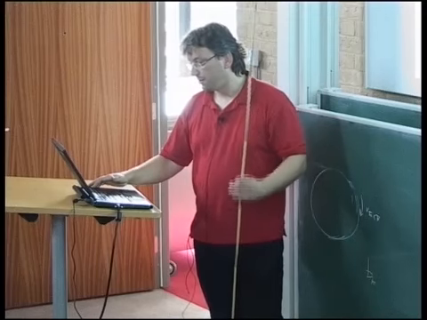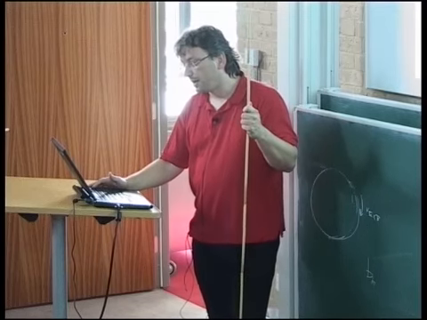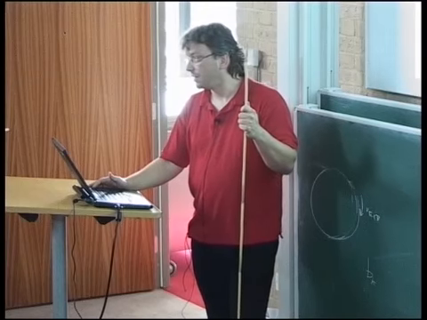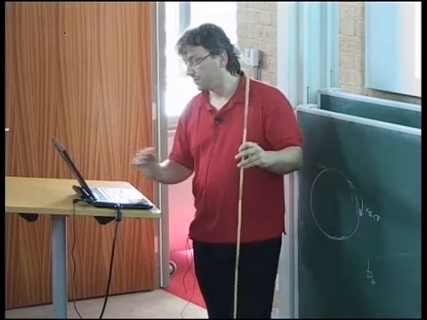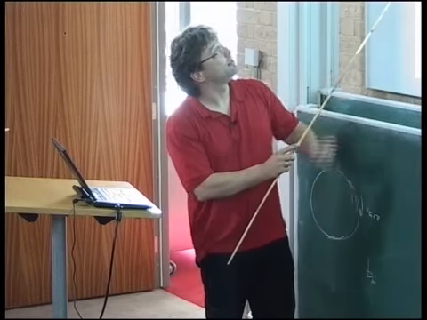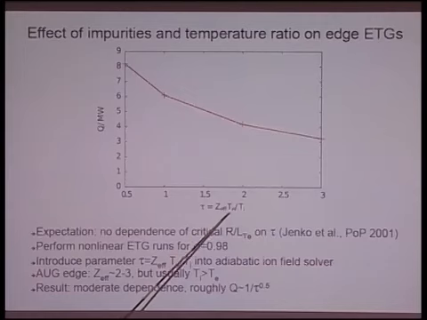And then the third comment that was made is we know that in the core, Z effective or the temperature ratio can affect ETG stability. What if you take these effects into account? And this was done here. Again, the heat flux in megawatts as a function of this tau parameter, which is the product of Z effective and the electron to ion temperature ratio.